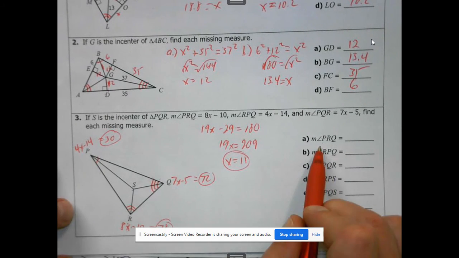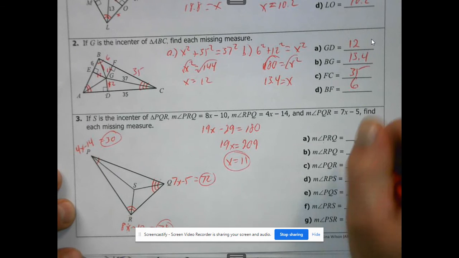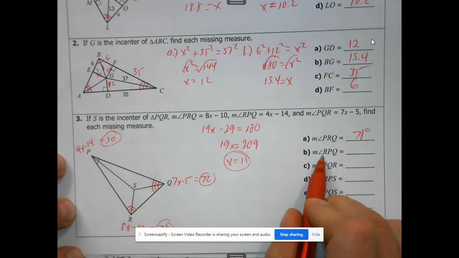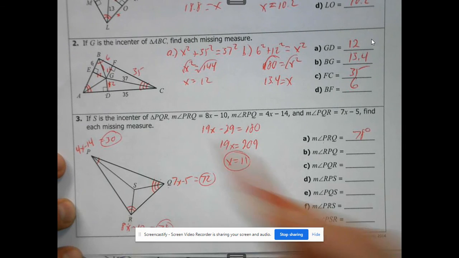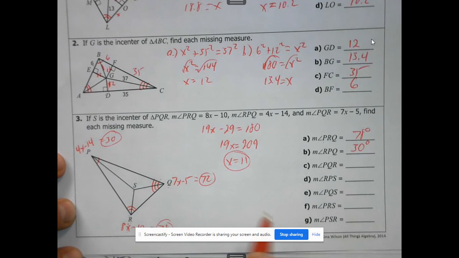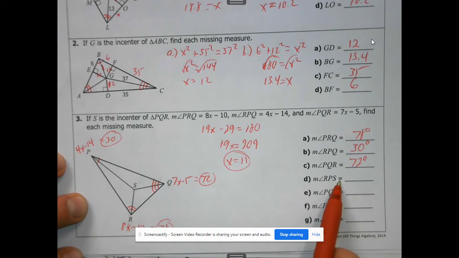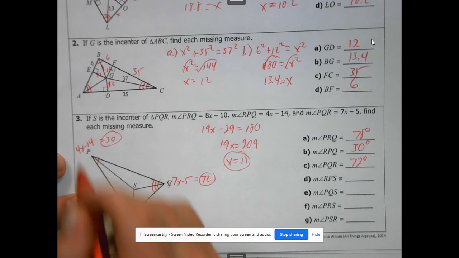Okay, first one's PRQ, 78. RPQ, 30. PQR, 72. RPS, this piece right here.